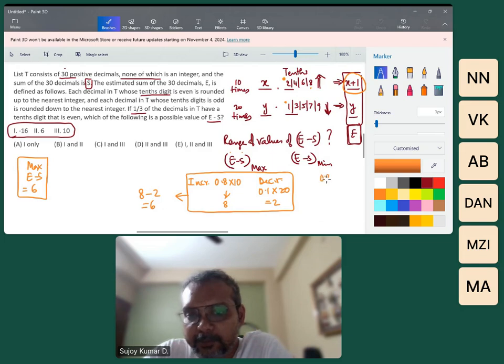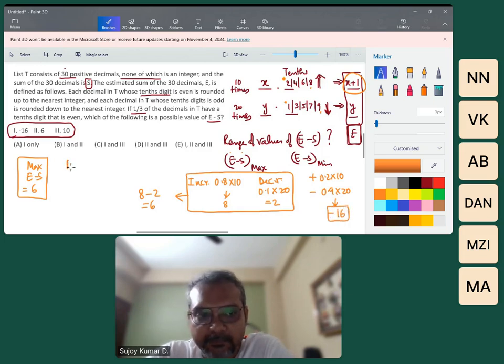So increase will be 0.2 times 10. And we'll reduce by a large quantity. We'll reduce from 0.9 all the way till 0. So that means reduction will be 0.9 and that will be 20 times. So that means 2 minus 18. So there will be minus 16. So that means the minimum value of E minus S is negative 16.